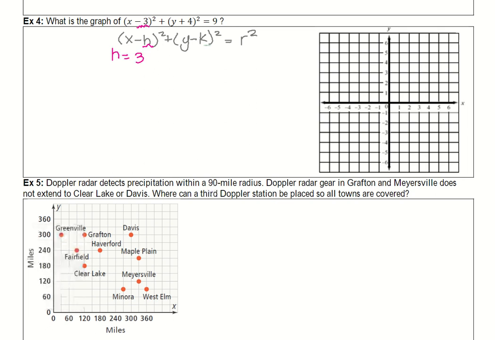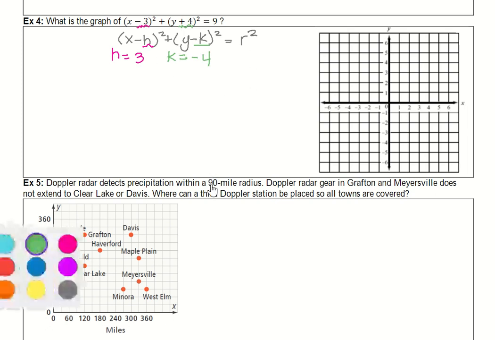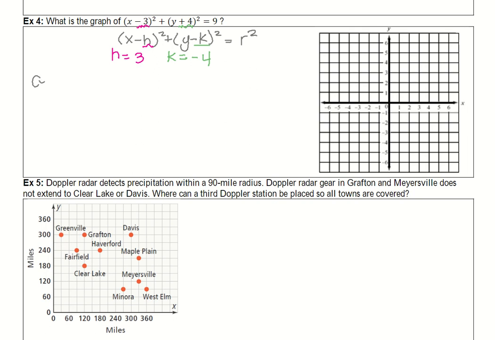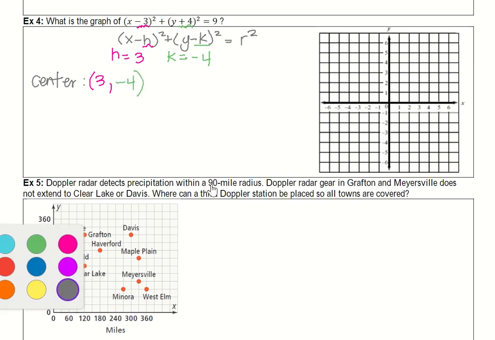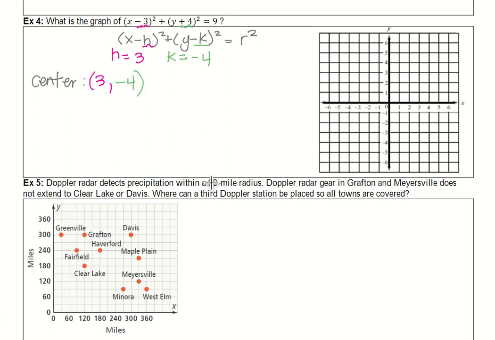And then y minus k is positive 4 in this one, so this is telling me that k is negative 4. Again, it's the opposite. That means the center of my circle is at 3, negative 4. I know that's going to be a point on my graph. If I plot the point at 3, negative 4, that is going to be the center of the circle.